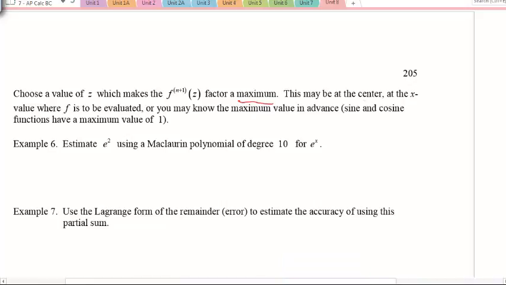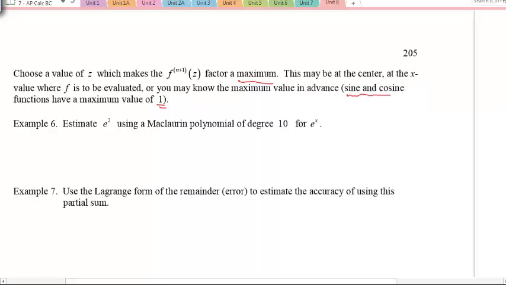I told you it could be at the center, which is the c value. It could also be at the x value, or anywhere in between. Sometimes when you see sine and cosine values, you know what the maximum can be, so just say the maximum value of those must be 1, and you can use that. Alright, so let's try a few more examples here, and then we'll be done for today.